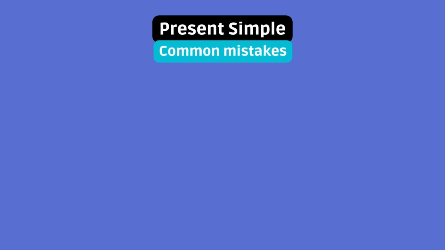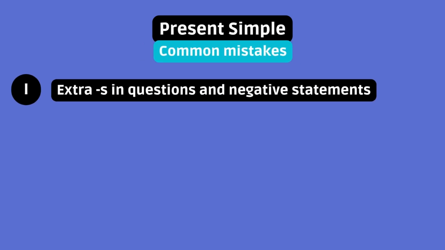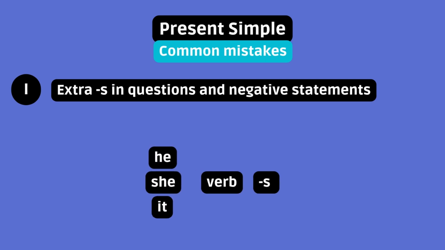Common mistakes: 1. Extra S in questions and negative statements. Yes, you must add S to the verb when using he, she, it. However, it's very common to see learners add an S to the main verb when forming a question or negative statement.